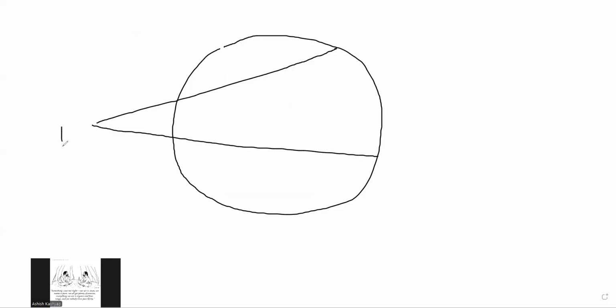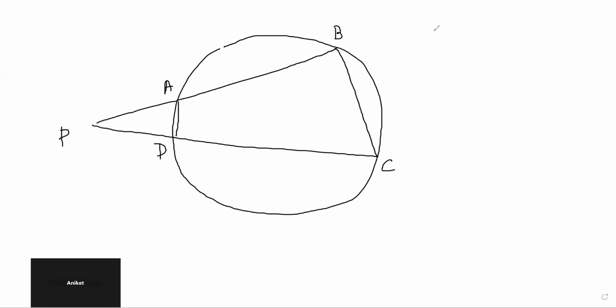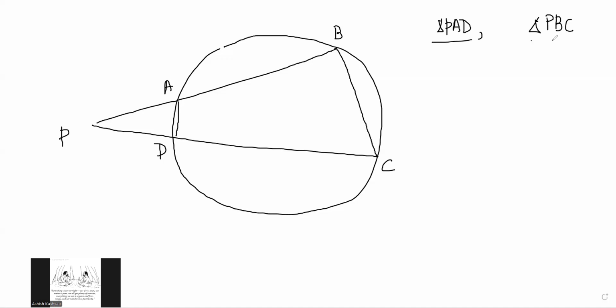This is the situation. P is here. A, B, C, D. I need to prove that I know that there is similarity here. So triangle PAD and triangle PBC, what angles are same?